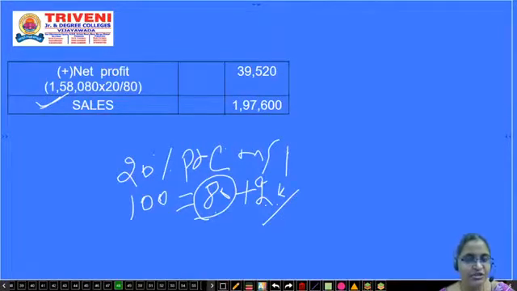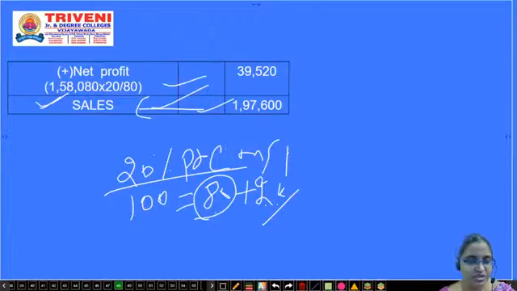With adding of the total cost, you got the amount 1,97,600. Now the sales was 1,97,600. In this sum, the profit and sales, both points were calculated with the help of the point 20% on selling price. 20% means if the selling price is 100, the profit is 20, the cost is 80.